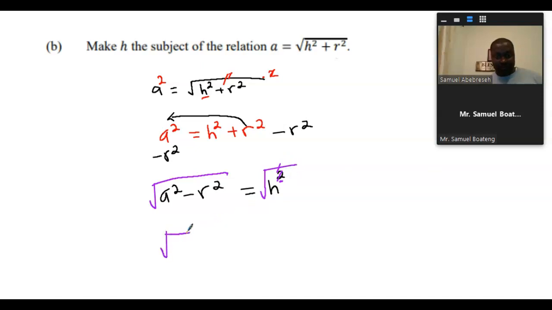We have the square root of A squared minus R squared on the left-hand side, equal to H. So that is going to be our answer. So we have been able to make H the subject of the relation. You can rewrite it and bring H to the right-hand side.